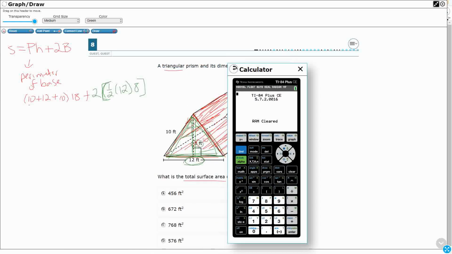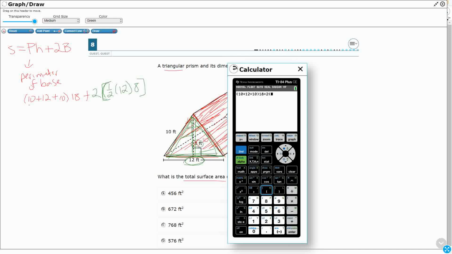Let's move it over here. We can actually put it all into one gigantic equation if we want to. So we're going to do 10 plus 12 plus 10. That's the perimeter times the height, 18, plus the two bases. Okay, so I'm still going to use the 2 even though I know the 2 and the 1/2 cancel each other out.